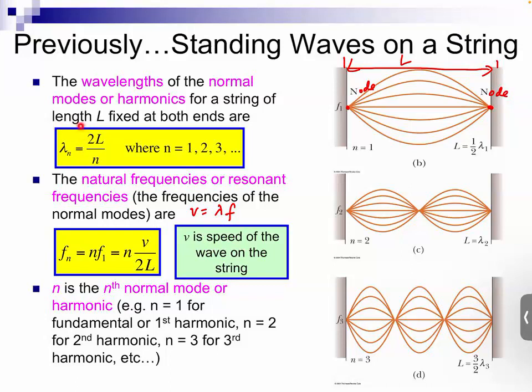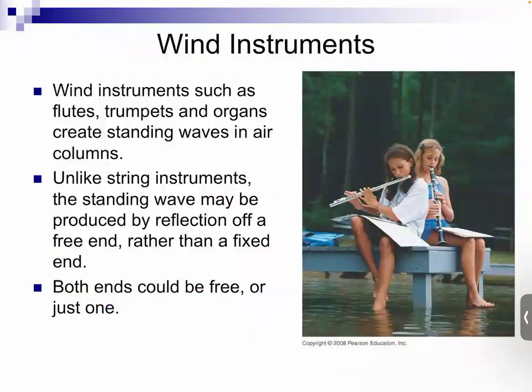After determining the wavelength in relation to the length of the string, you can find the frequency of the harmonic on the string, and that derives this equation. So each harmonic corresponds to a certain frequency or a certain pitch that the guitar can produce in terms of sound.